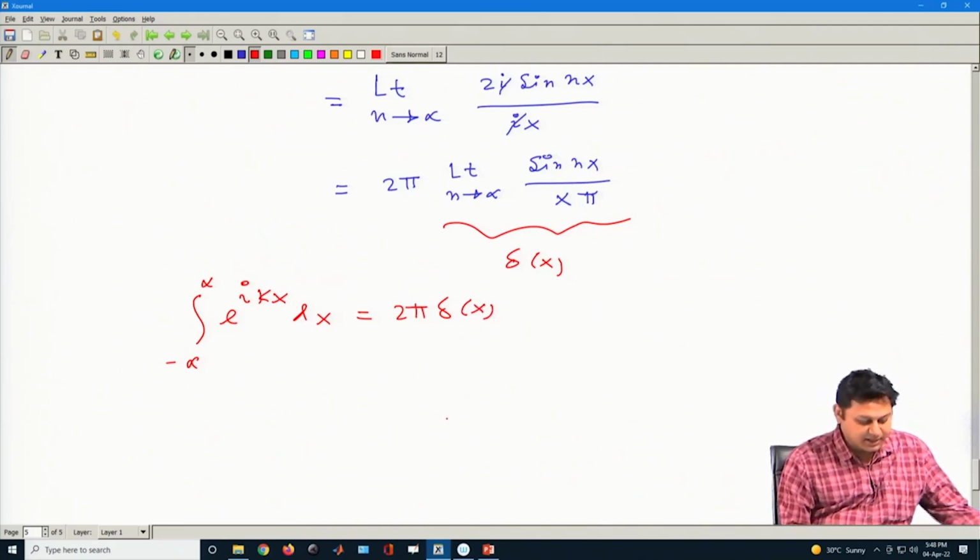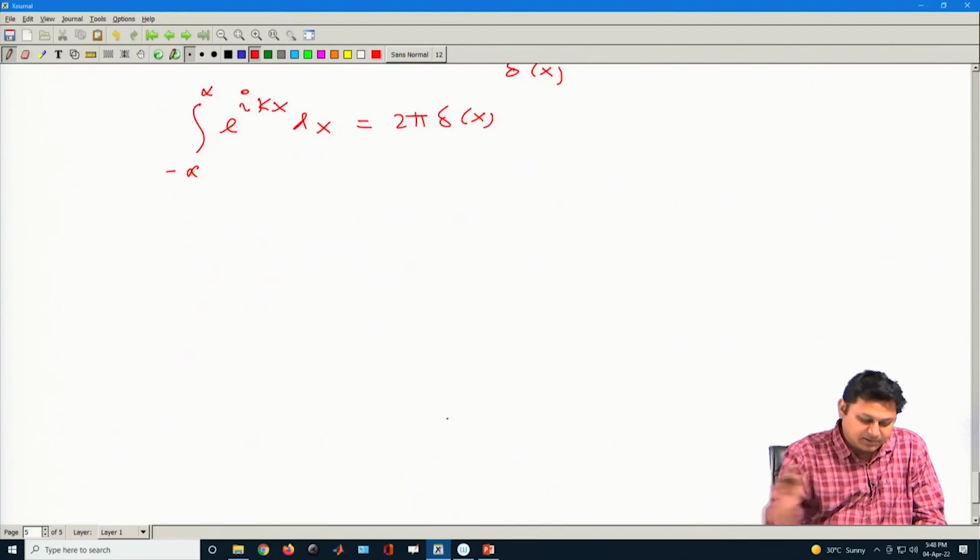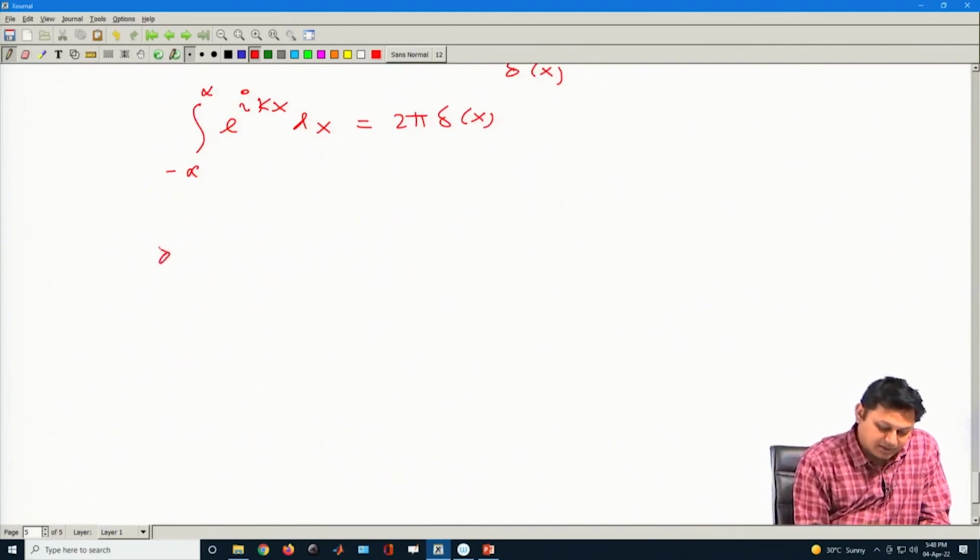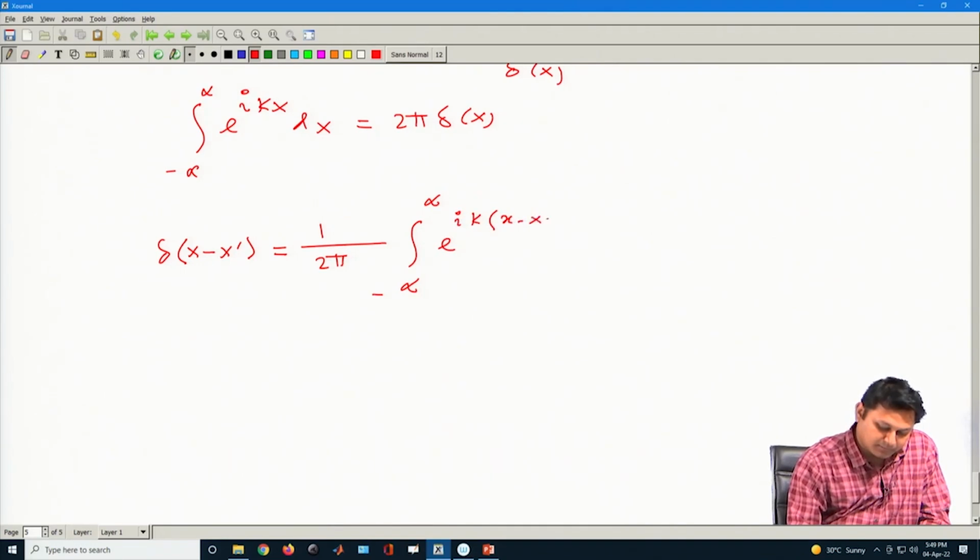In general, I can write delta(x minus x prime) is equal to 1 by 2 pi times the integration from minus infinity to infinity of e to the power of ik(x minus x prime) dk.